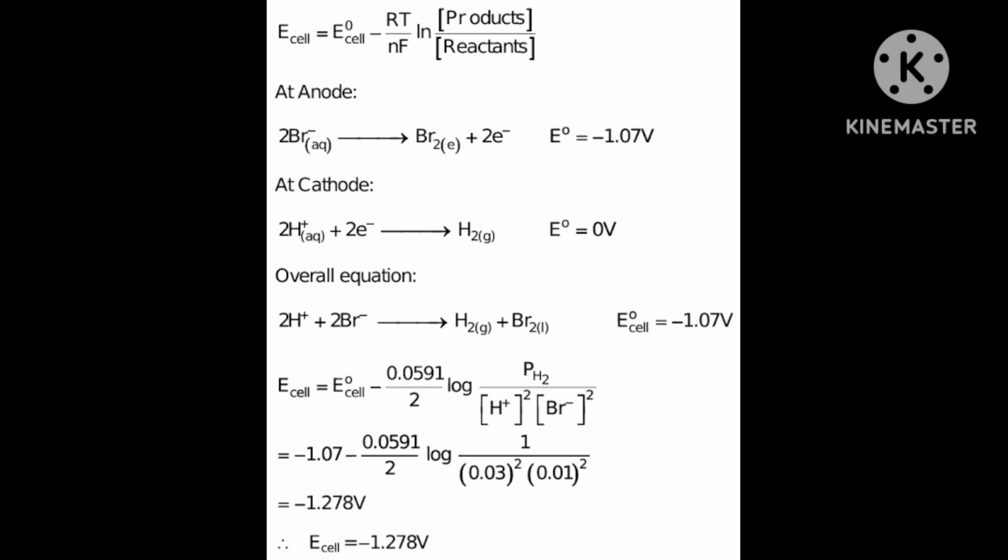And below, what will you write? Here you will write the silver ion in a big bracket, but the power will be 2, because in the balanced equation you are writing 2 Ag. The coefficient goes as a power.